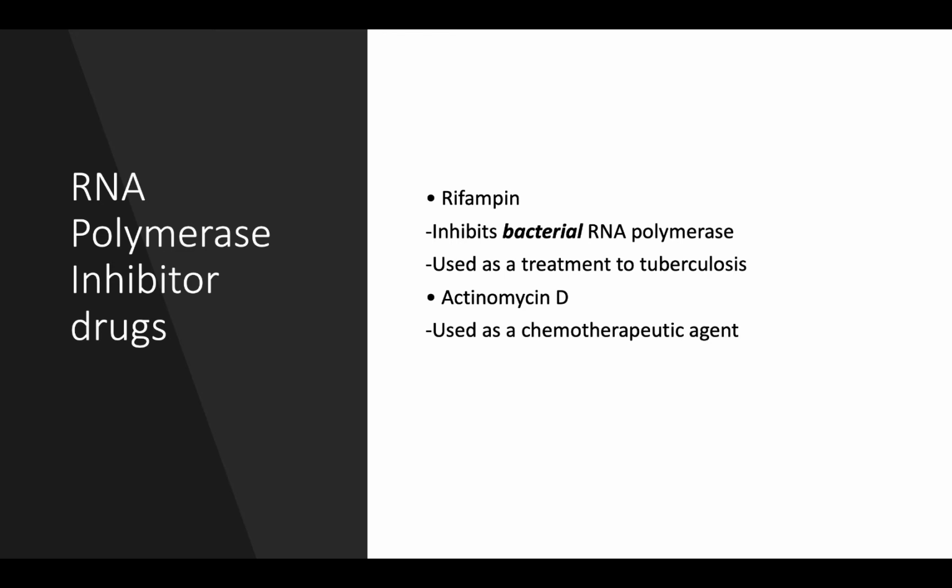Students usually remember its name, R for rifampin, from RNA. Actinomycin D is a chemotherapeutic agent. It stops mRNA production, so in cancer cells you are stopping protein production. It inhibits the RNA polymerase in cancer cells and in dividing cells, and cancer cells are the most dividing cells.